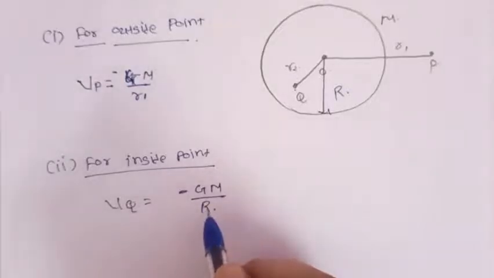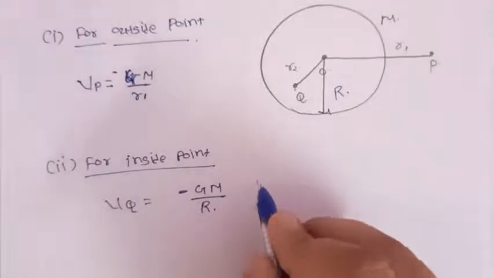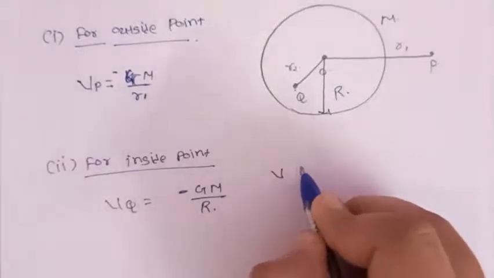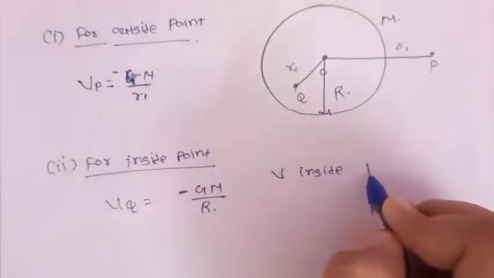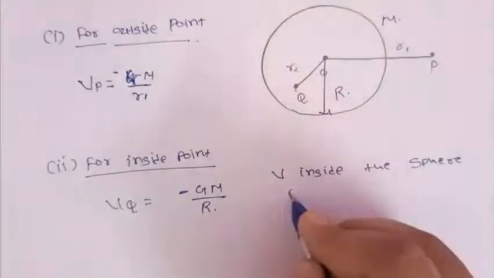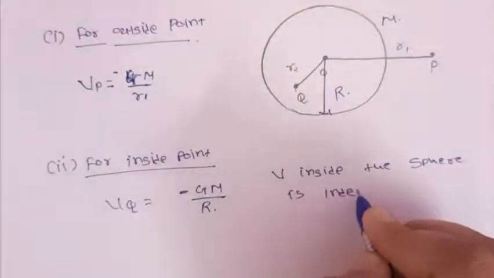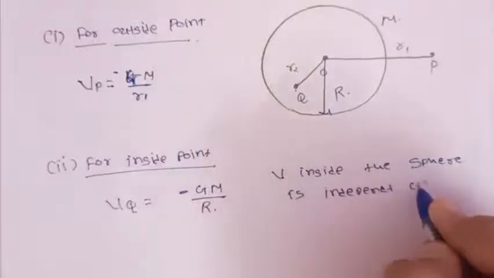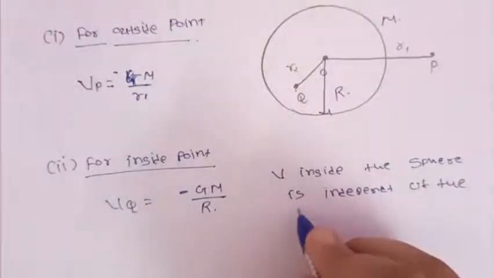Here R is the radius of spherical shell. Here note that the potential inside the sphere is independent of the location.